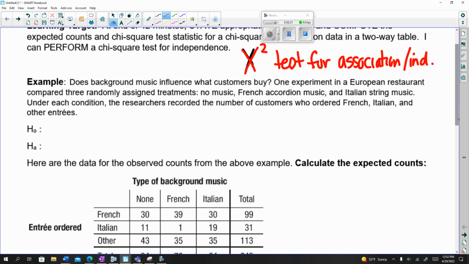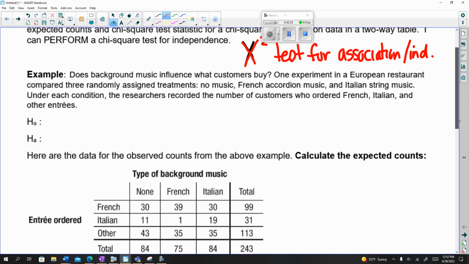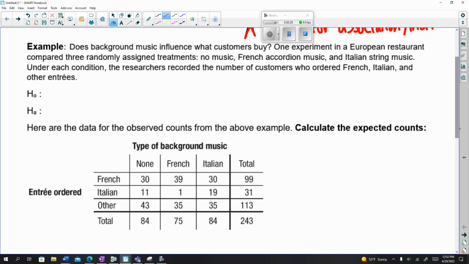And so if you look down below, there is a two-way table associated with this. And this is a two-way table that we've seen back in the probability unit. So basically, even in the beginning of the year, we did a segmented bar graph to show if there was a relationship or not between the variables.